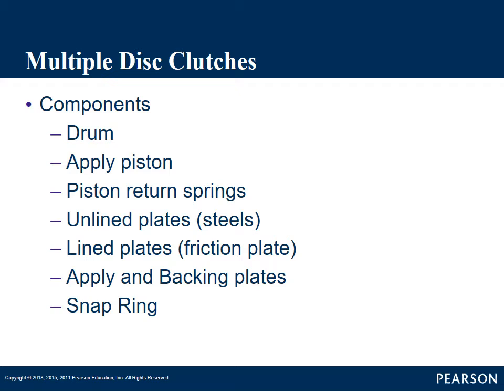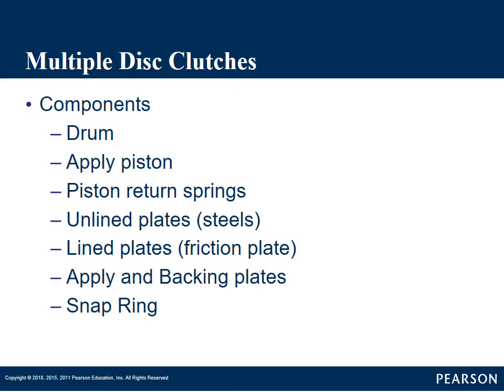The apply piston, this is where fluid pressure goes on the back side of this piston. There's seals on this piston, so the fluid pressure doesn't leak by. This apply piston sits in a drum, and that apply piston is what pushes out and compresses our plates to turn the clutch pack into a holding or apply device.